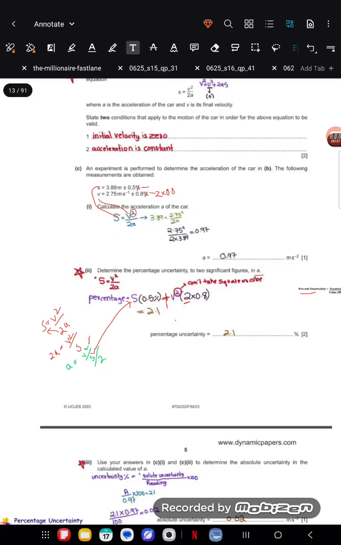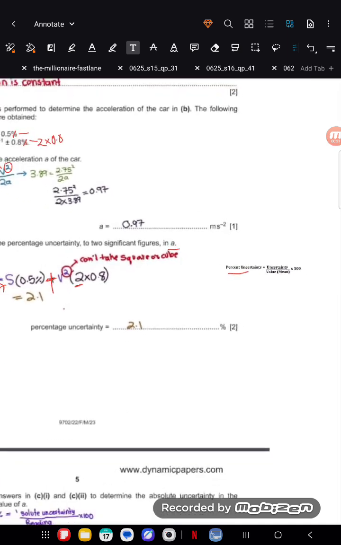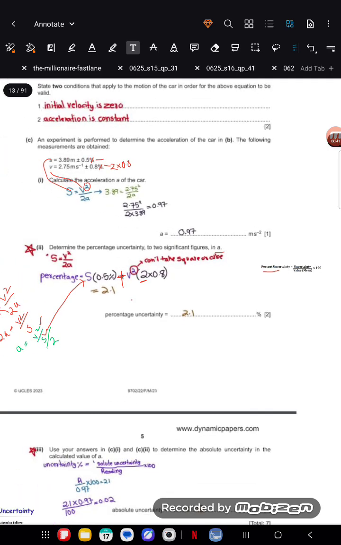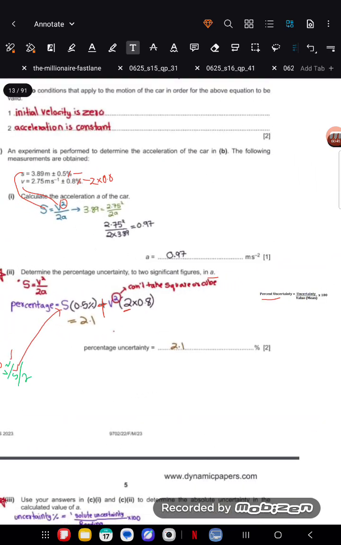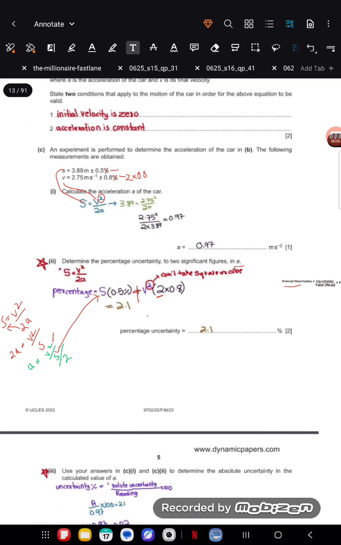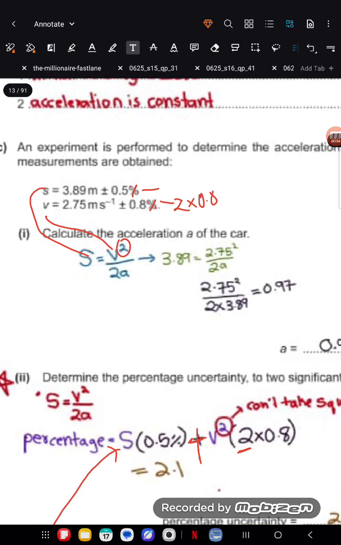As I said, the formula for percentage uncertainty is uncertainty divided by the mean value and multiplied by 100, right? Here the uncertainty is 0.5, and the percentage uncertainty is given.